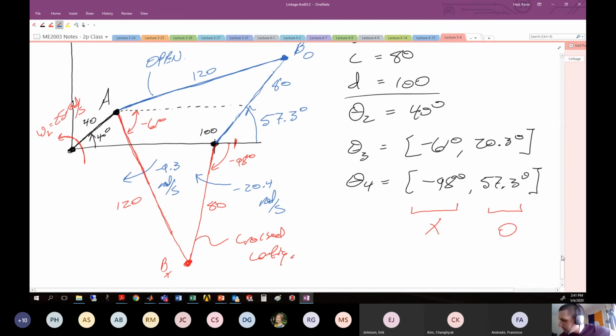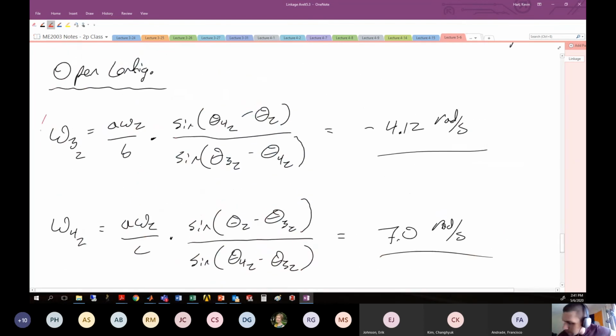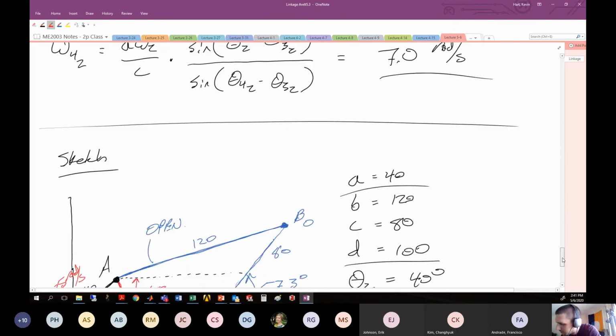All right, now let's look at the open configuration. Again, you have an omega 3 and an omega 4. Don't forget your omega 3s. Omega 3 has a generally small negative value, and omega 4 generally has a small positive value.